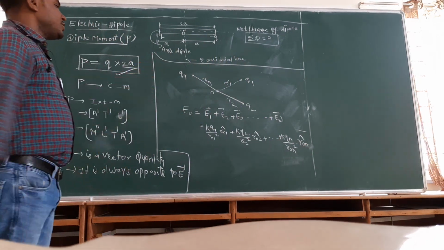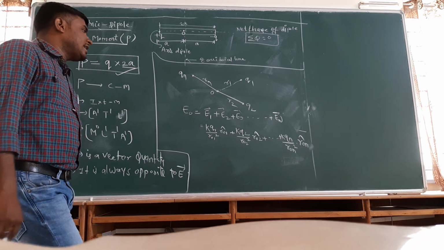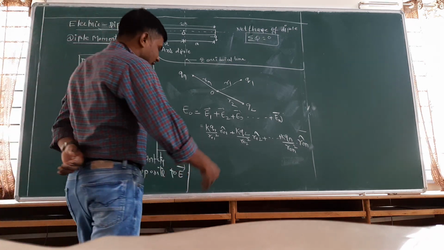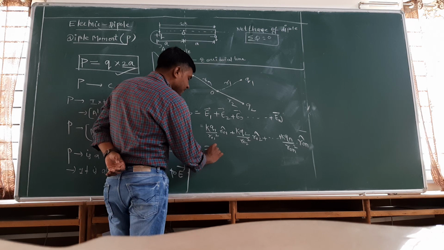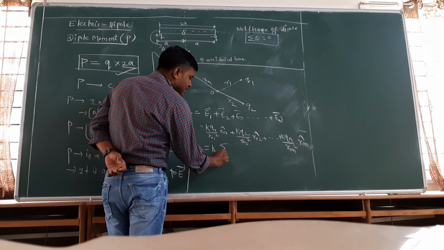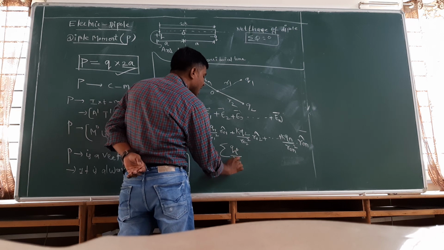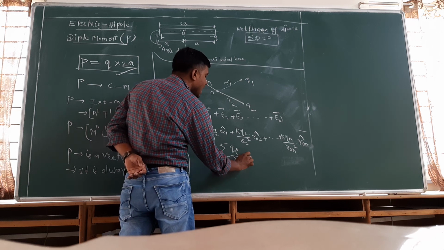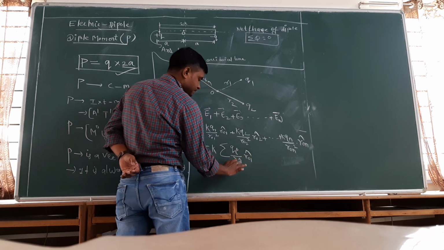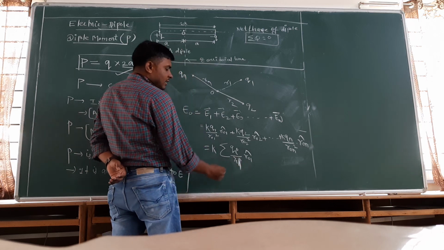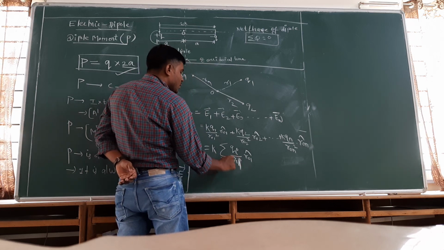In all the terms, you can see that K is constant, so I will take it outside. So K, and I can represent the rest by a summation of Qi by ROi square into ROi cap, where i goes from 1 to n.